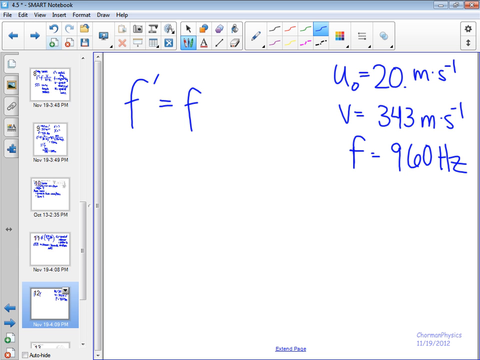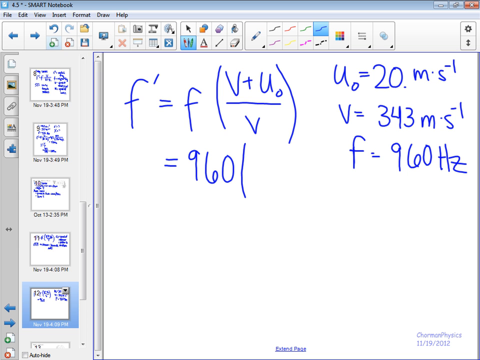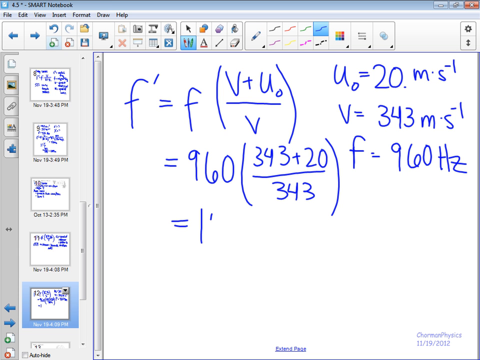When you solve for this, we're adding, since we're going to be moving towards the source. This is the shifted frequency.